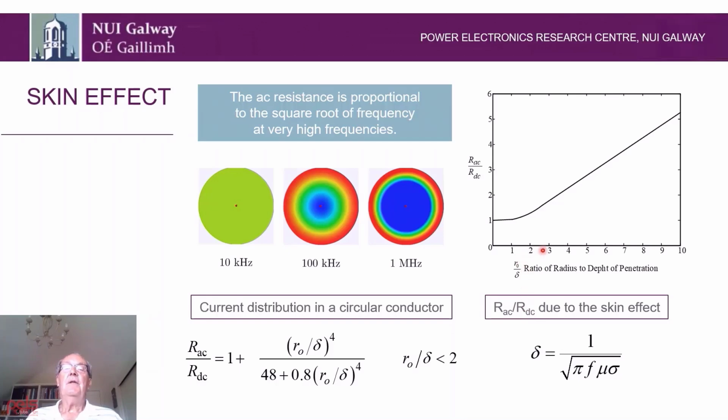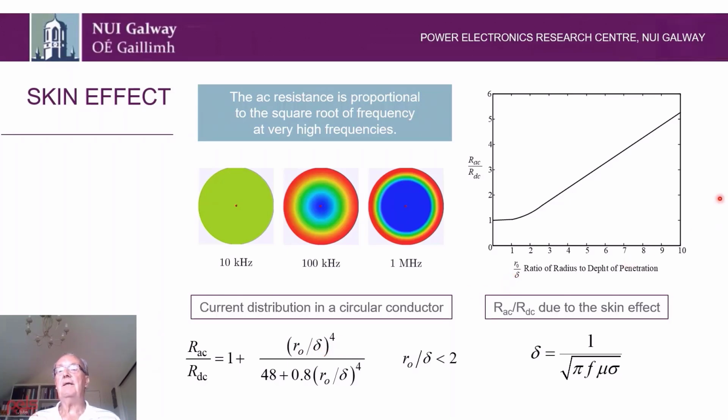Now, if I'm designing a conductor in a transformer, essentially I don't want an AC resistance that's several factors bigger than the DC resistance. So quite often we'll be dealing in this region down here where the AC resistance may be 2 to 3 times bigger than the DC resistance. And we have a nice simple analytical formula here to work that out. And it's a function of the ratio of the radius of the conductor to the skin depth.